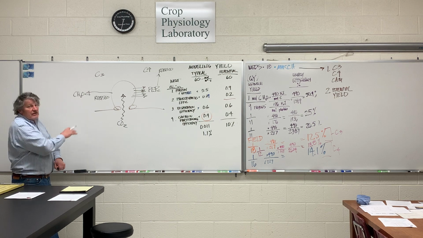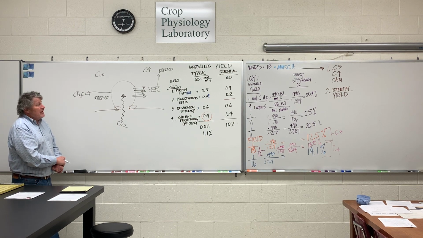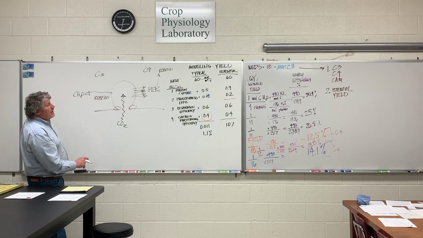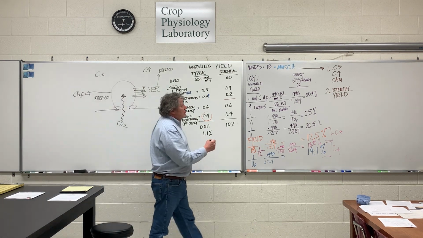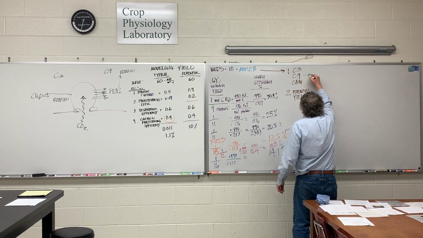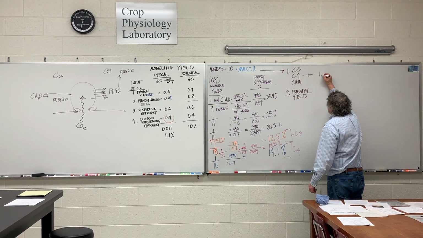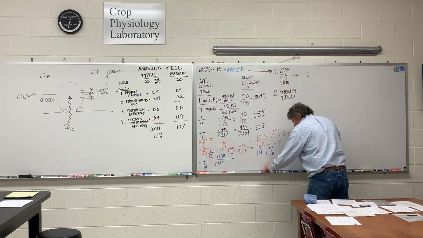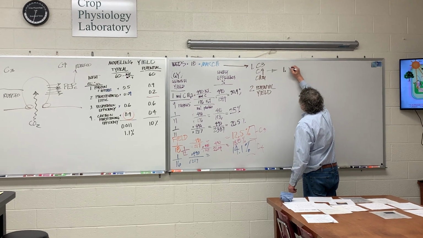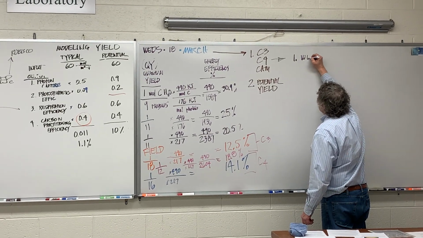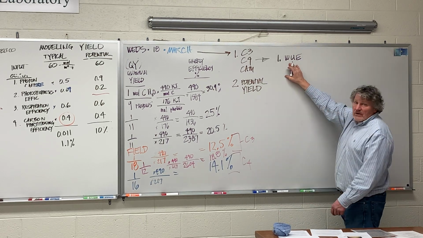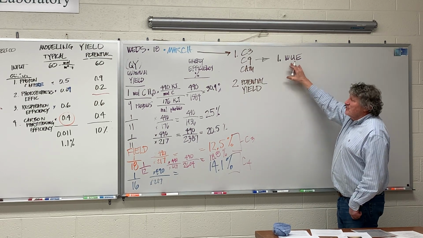So with this little diagram, we can make a little review of advantages. And let me put the advantages over here. C4, the one big one, let me get a better marker here. Water use efficiency, WUE. I won't spell that out because we've had it up here lots of times.